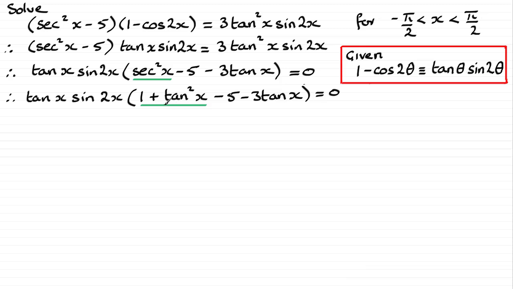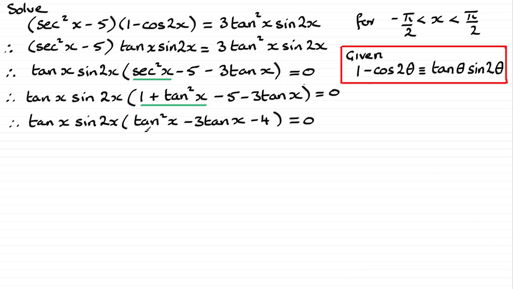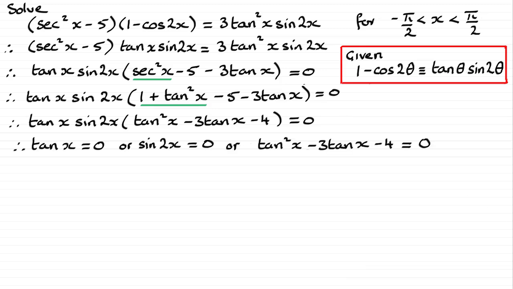And what I'm going to do now is just tidy this bracket up. So if we tidy that up, we're going to end up with that quadratic in tan x here. So I've got 3 factors, tan x, sine 2x, and this bracket that would equal 0. So that leads me to that result.